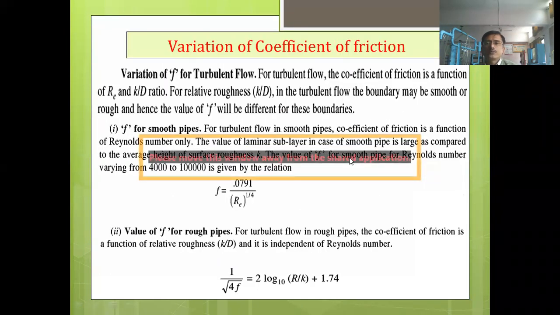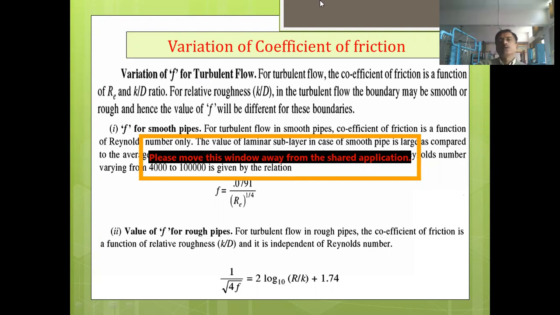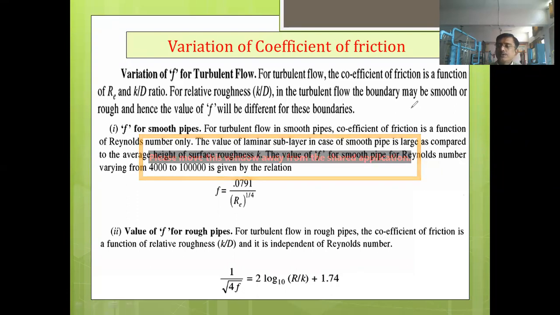Variation of coefficient of friction. Coefficient of friction is nothing but f. So in case of laminar flow, in case of viscous flow, we have seen that the value of f was varying with the Reynolds number. And what was the equation? There we have seen that this f is equal to 16 upon Re.